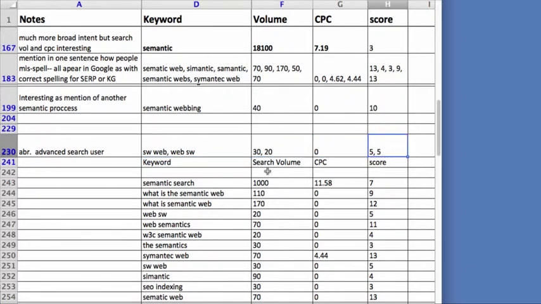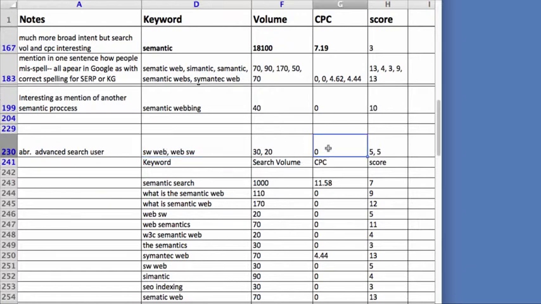And it appeared 5 times each. So there's not a lot of volume, but that's not as important to us as the score because the score is telling us that you need to include something. It did appear very frequently. And what is particularly interesting about this is that it's people using acronyms to describe the semantic web, and that means that this is from advanced users.